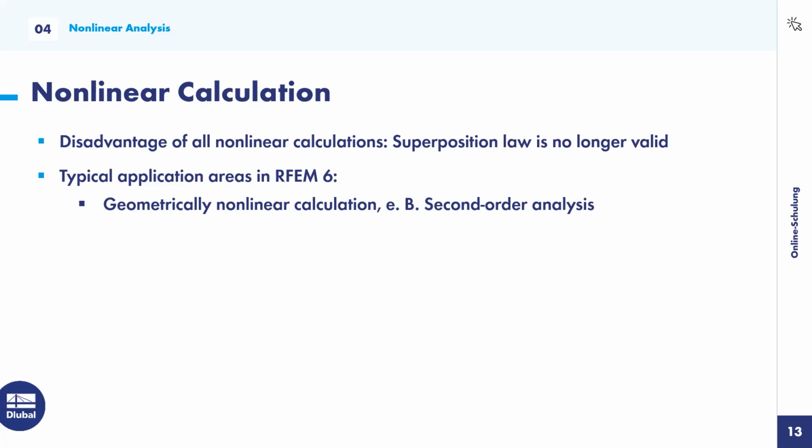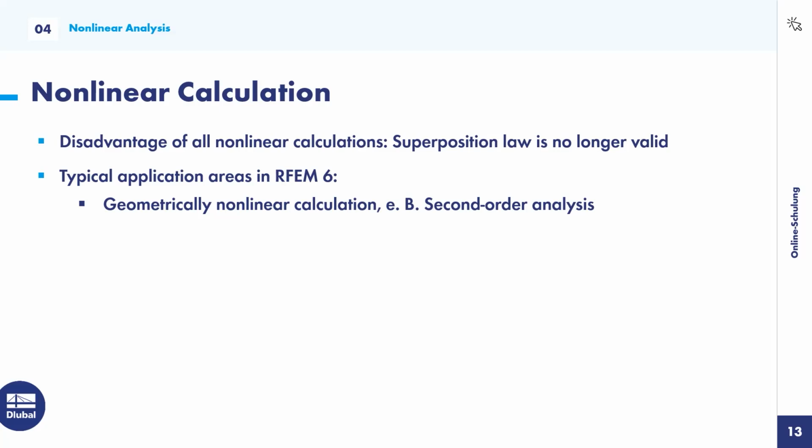Now, a geometrically nonlinear calculation includes p-delta effects; it's the second order analysis. That means we apply a loading to the system, it deforms, and then we investigate the deformed system again under the loading.